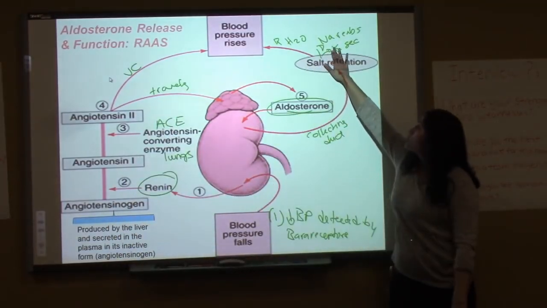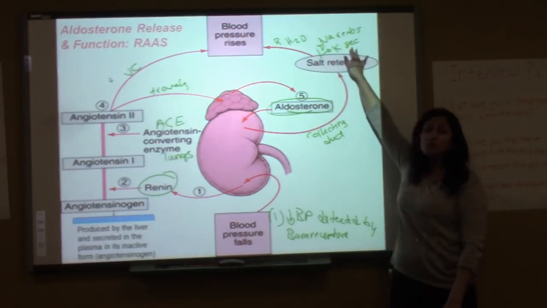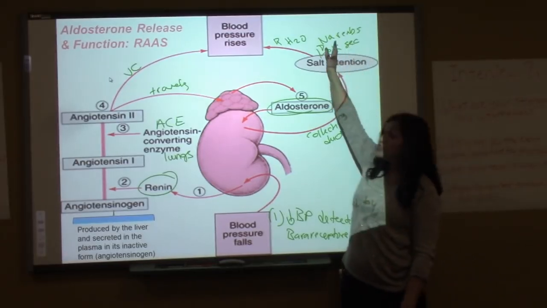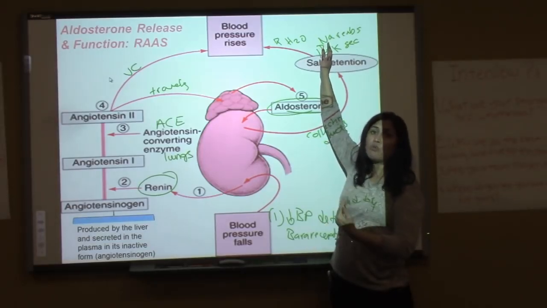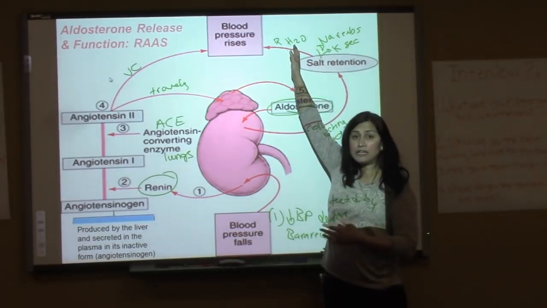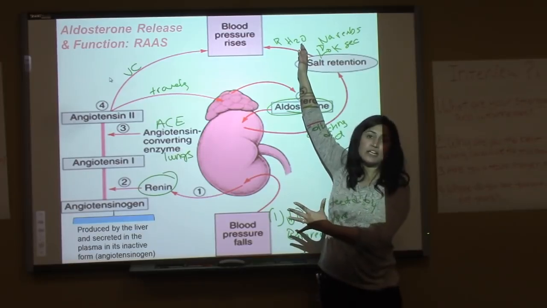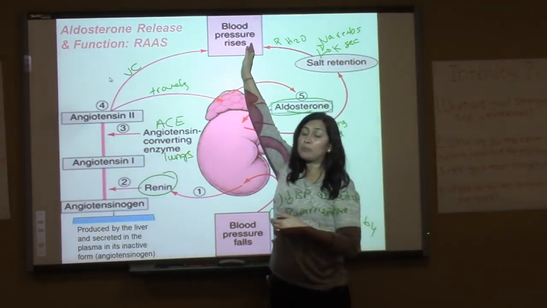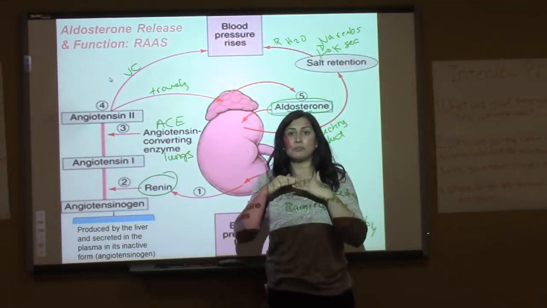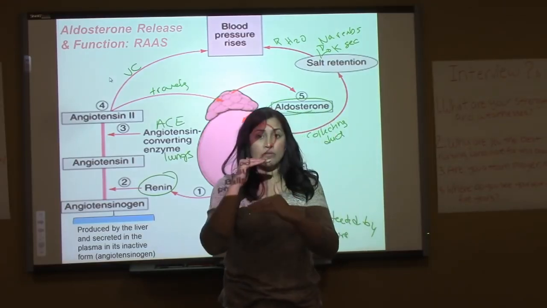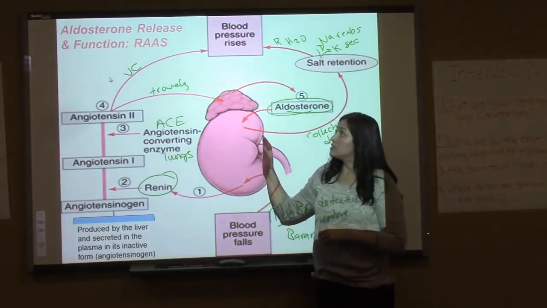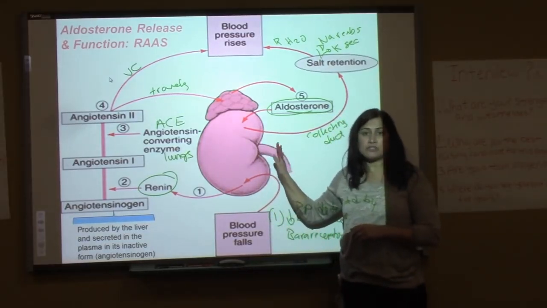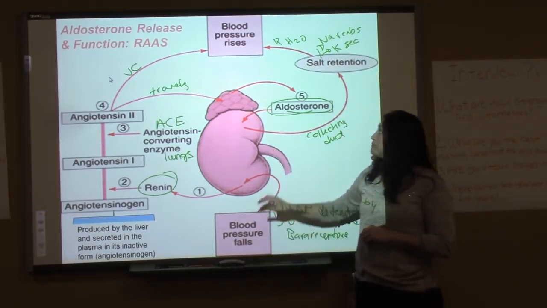It causes sodium to be reabsorbed, potassium to be secreted. And because you have just reabsorbed sodium, the golden rule is wherever sodium goes, water follows. So your water content has increased, and all of that is dumped into the bloodstream. Therefore, your blood pressure rises. As soon as your blood pressure rises and is now in the normal range, the system is finished. So this is the renin, angiotensin, aldosterone system, or the RAS system.